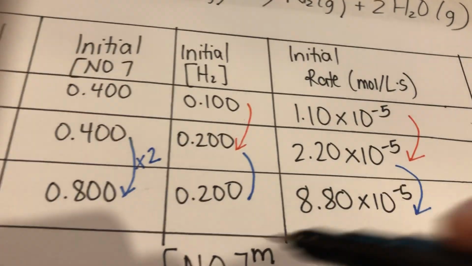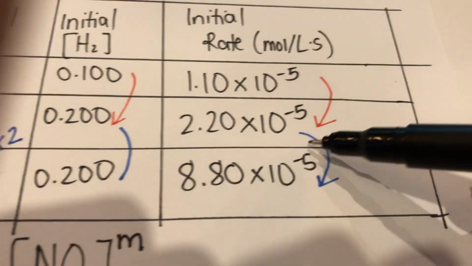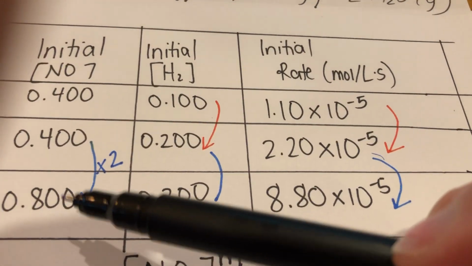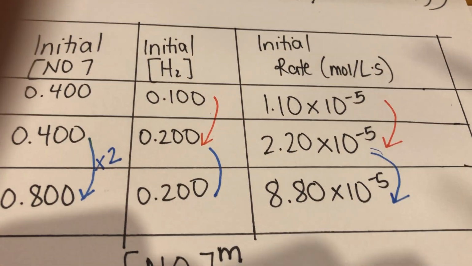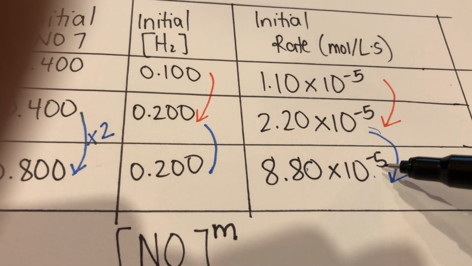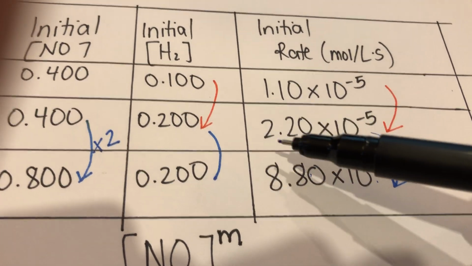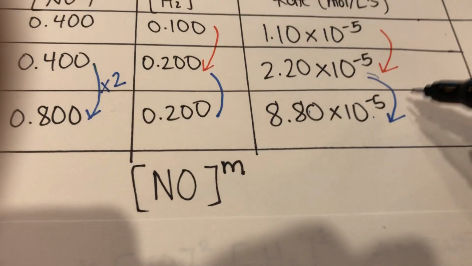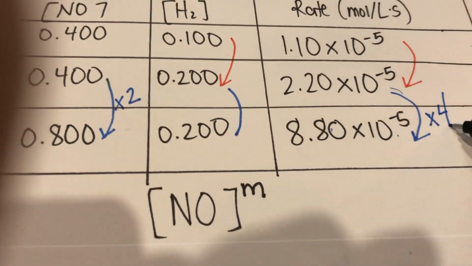And then you see how that affects the rate of reaction. This is why H2 has to be constant, because we're only looking at how NO is affecting the rate. So you do 8.80 times 10 to the negative 5 in your calculator divided by 2.2 times 10 to the negative 5, and you should get 4.